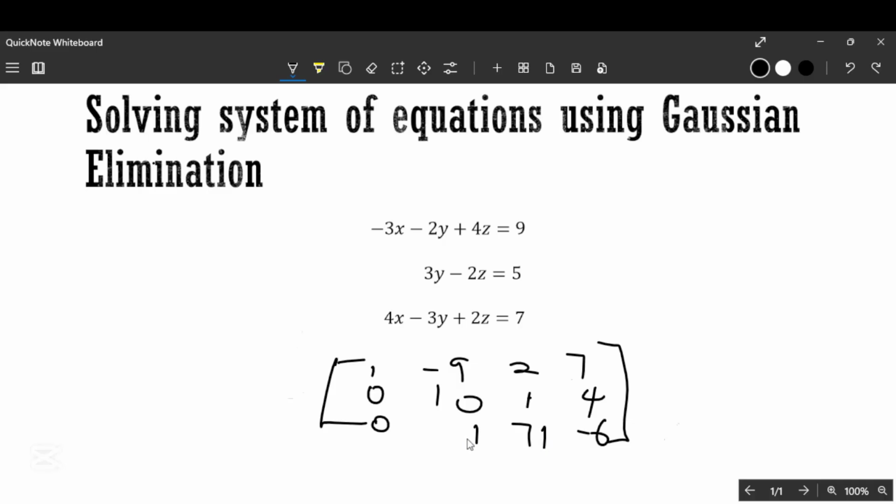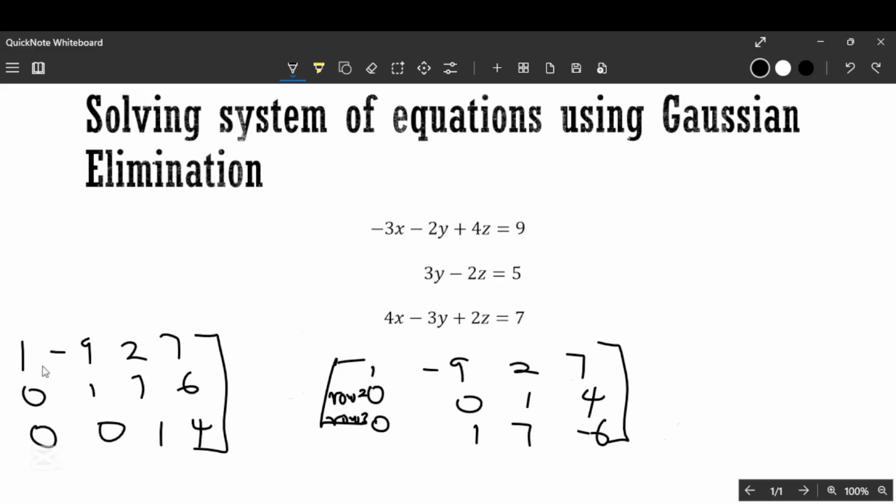Okay, but there's a way out. Now, for a case like what we have here, if we are to shift row 2 and row 3, if we are to interchange their positions, the matrix could have become 1 negative 3 2 7, then interchanging row 2 and row 3, we could have had 0 1 7 negative 6, 0 0 1 4.